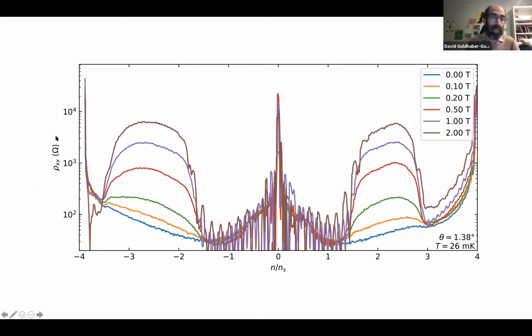And secondly, this is on a log scale. So if you look at this, there's a lot going on, and I'll pick that apart. But the most dramatic thing that's happening is roughly around half filling of the electron band or the hole band. There's a huge magnetoresistance. So in the end, we've seen up to about a factor of 300 in some cases.